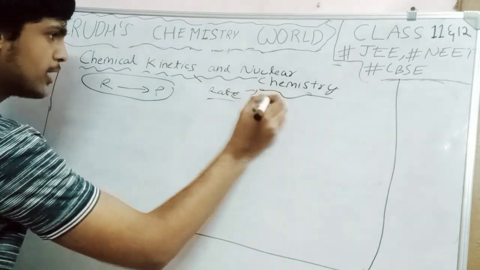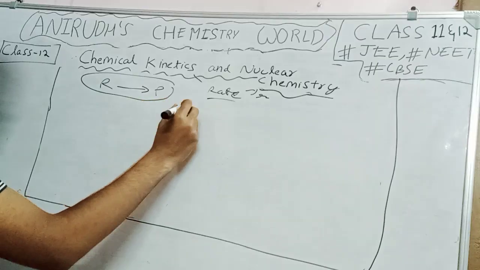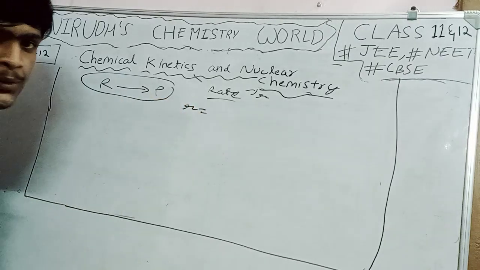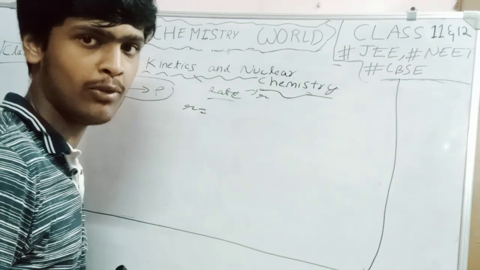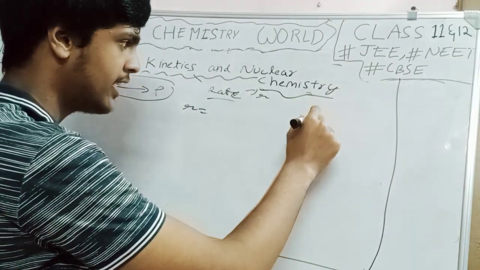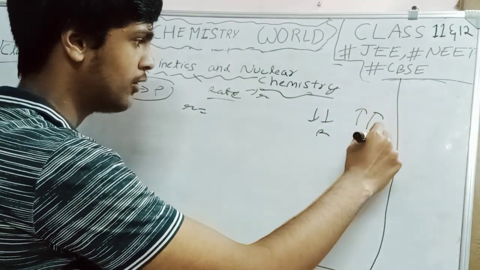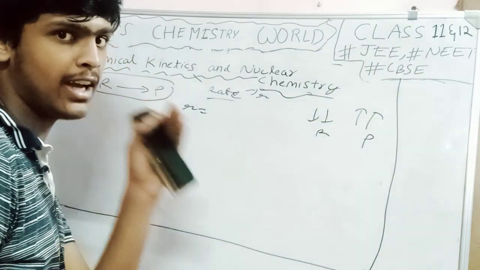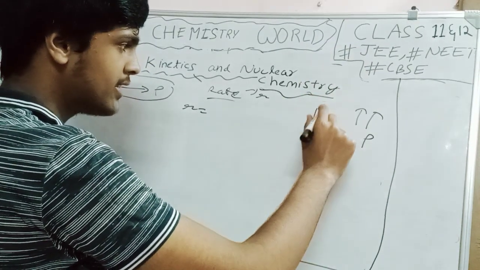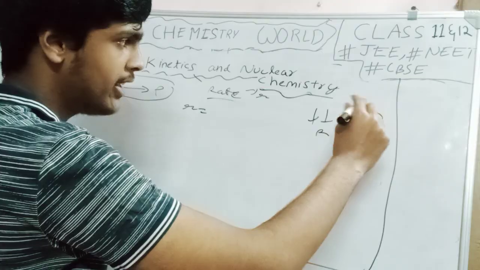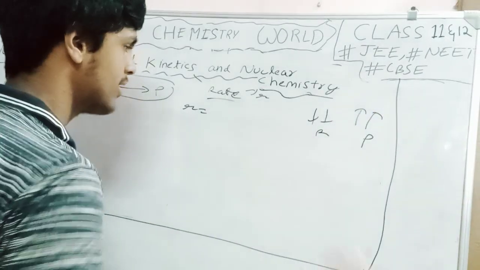Rate is represented by small r. Rate of reaction is the decrease in the concentration of reactants in unit time, and the increase in the concentration of products in unit time.